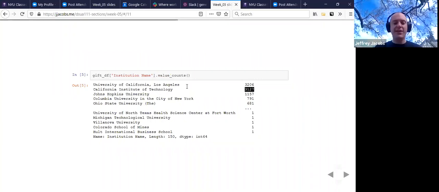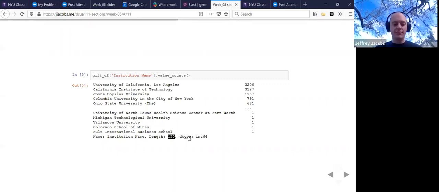We see the top 5 and then also the bottom 5. So the top 5 are universities that receive thousands of gifts: UCLA, Caltech, Johns Hopkins, Columbia, and Ohio State. And then the bottom are colleges that received exactly one gift, right?